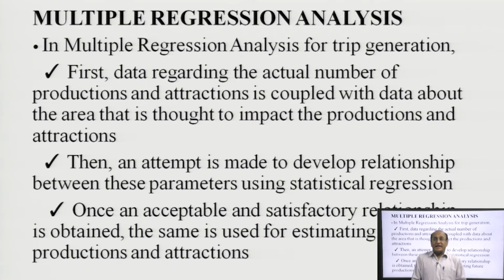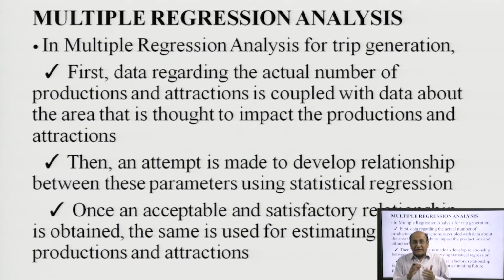In multiple regression analysis for trip generation, first data regarding the actual number of production and attraction is coupled with the data about the area that is thought to impact the production and attraction.